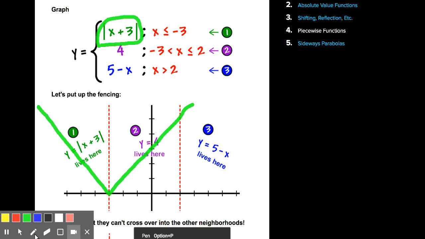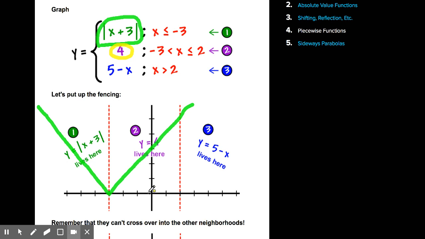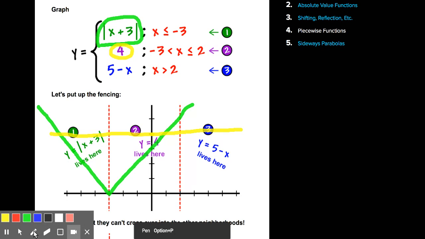And then this part, y equals 4, I will graph that in yellow. So 1, 2, 3, 4, it's a horizontal line at y equals 4. The last part I would graph 5 minus x.